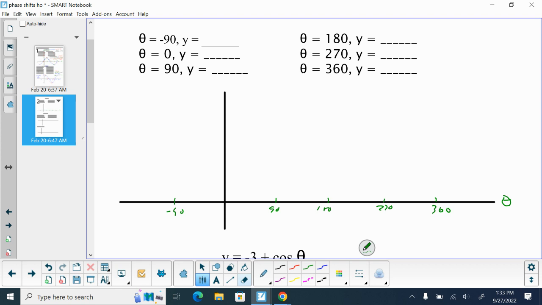Okay, we can count up 1, 2, 3, 4. Count up 4 on my y-axis.